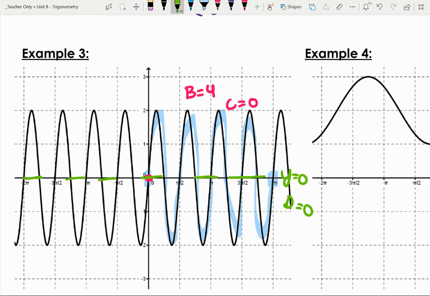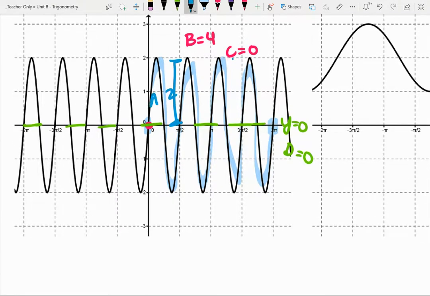And then last but not least, our amplitude: our maximum is at 2, our minimum is at negative 2, which means that we have an amplitude of 2. So our equation here is going to look like, we really have to just incorporate that amplitude and that frequency.